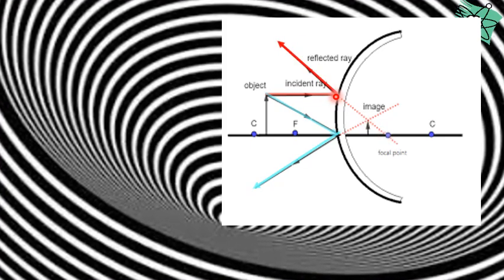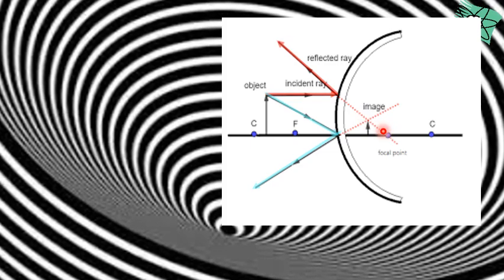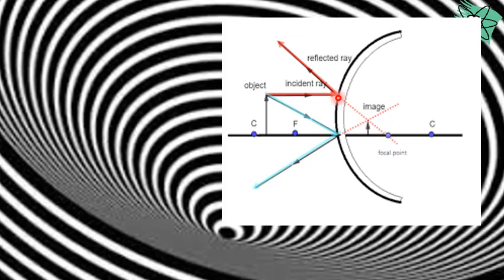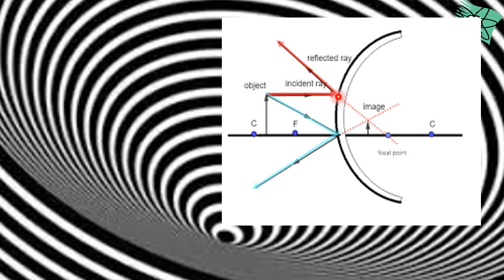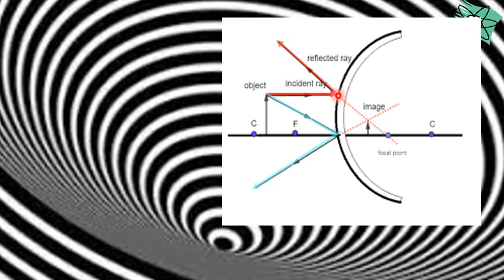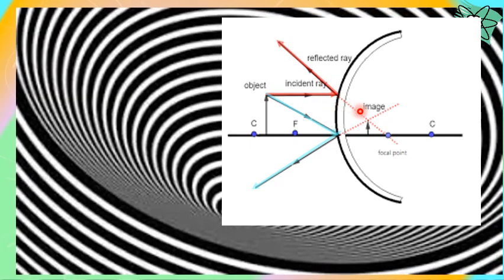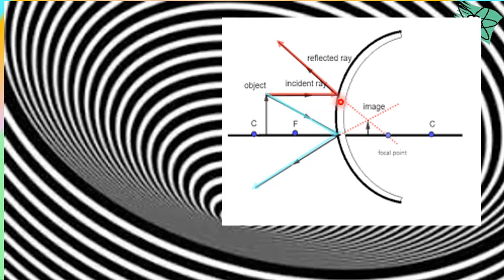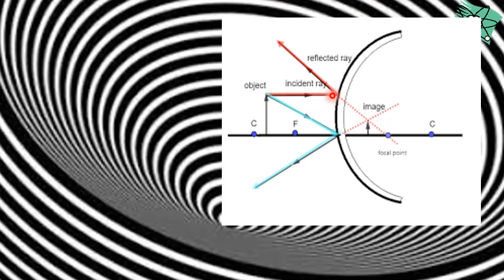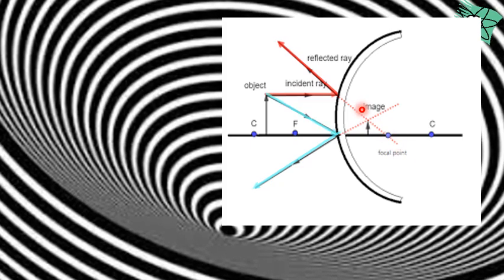Actually, the ray doesn't really strike this point, because exactly at this very point on the surface of the convex mirror, it is already reflected in that direction. So we only represent the extended reflected ray that passes through the virtual focus.